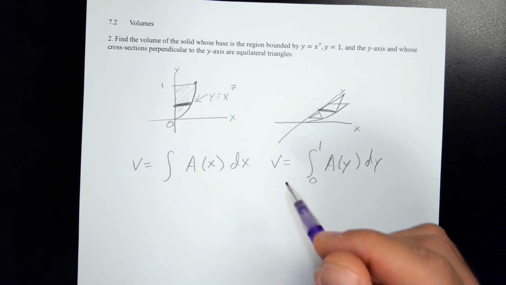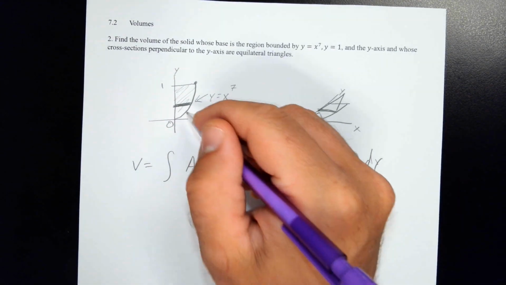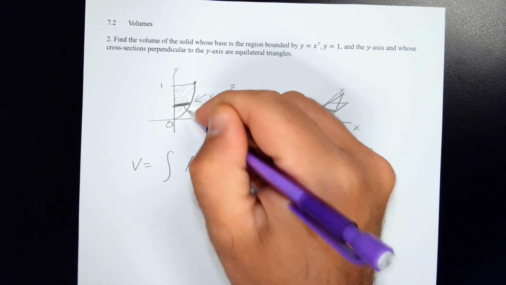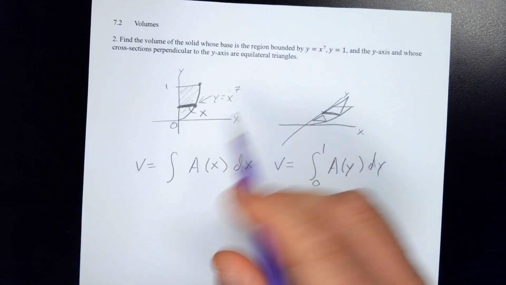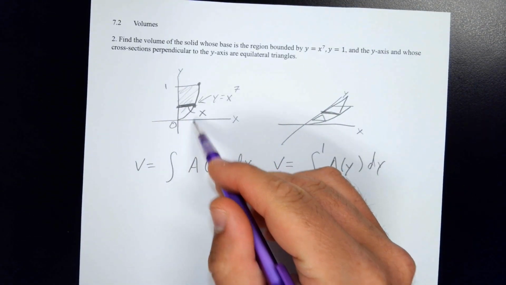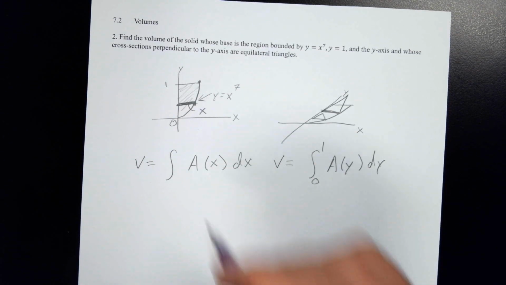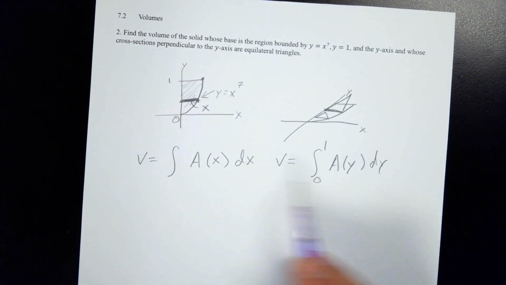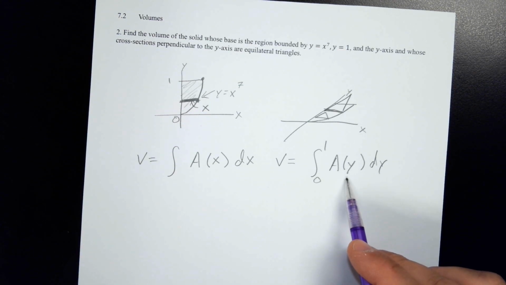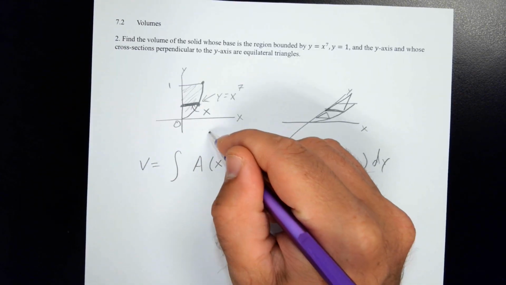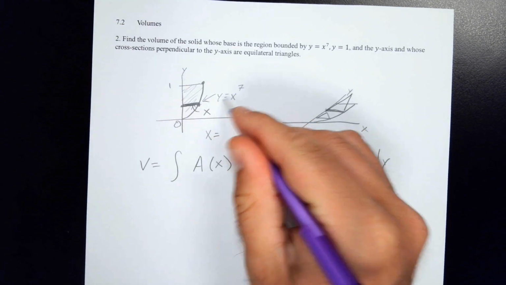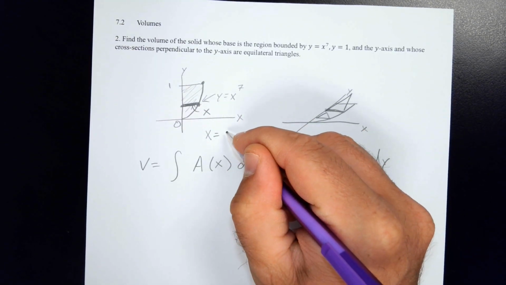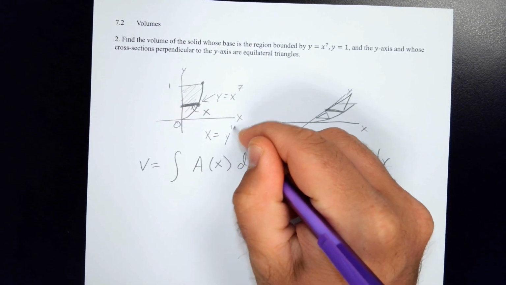This distance right here is x. If this is an xy point, the x distance is right here and the y distance is right here. Now if I were integrating with respect to x, I'd just put an x in there. But I need to figure out what x is in terms of y. In terms of y, x is equal to the 7th root of y, or y to the 1/7.